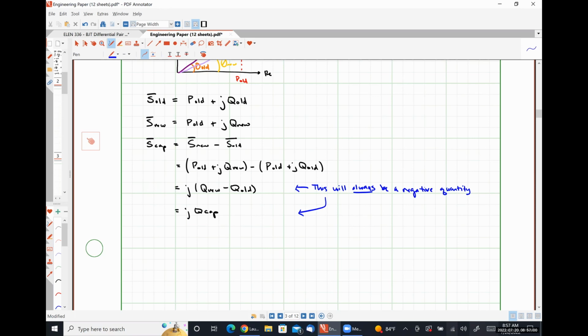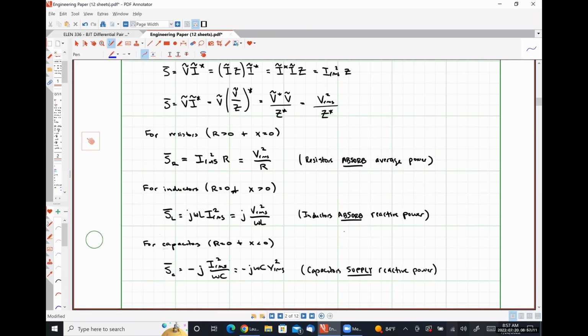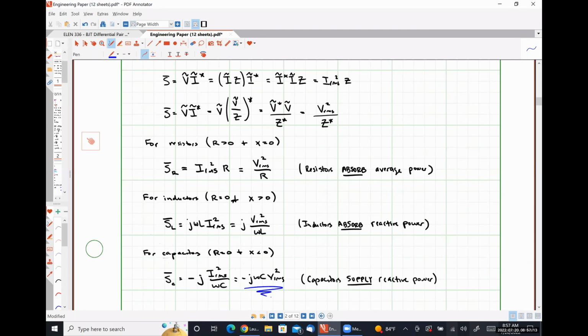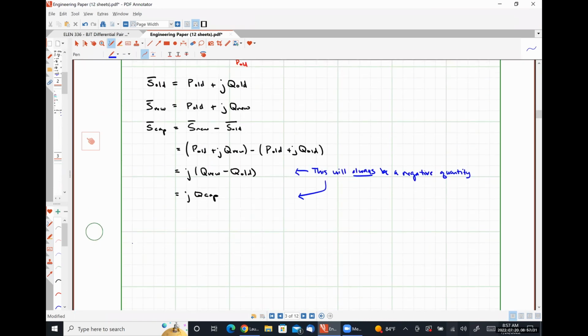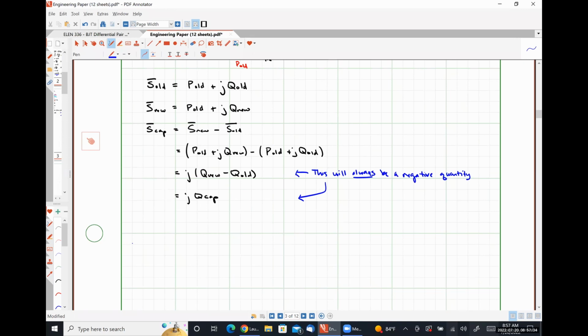So how we relate this to a capacitor value, I'm going to scroll back here one page, is by using this relationship, because this relationship tells us the complex power that is absorbed by a capacitor, and this relationship also tells us the complex power absorbed by a capacitor.